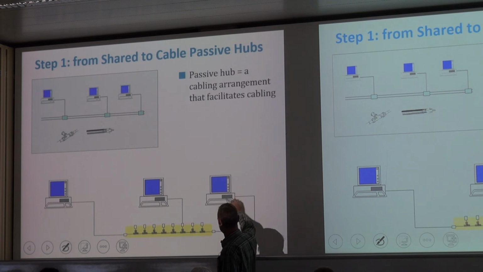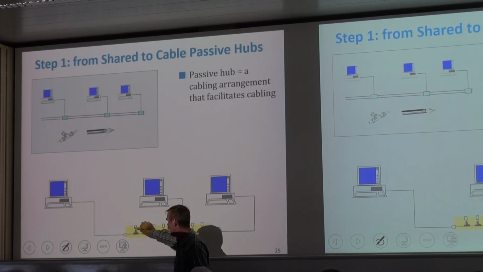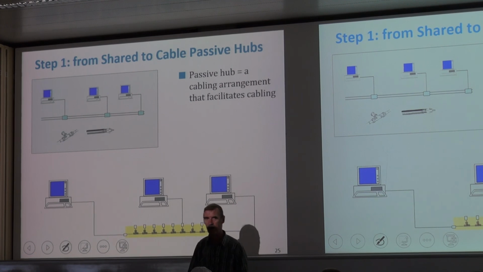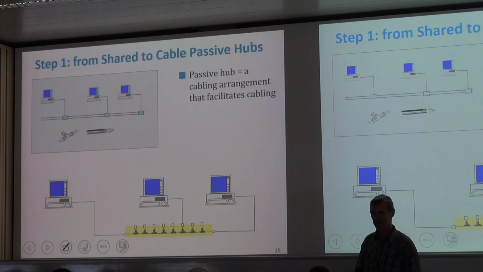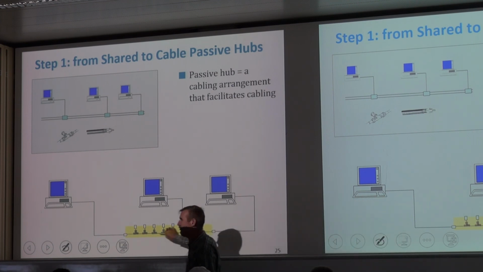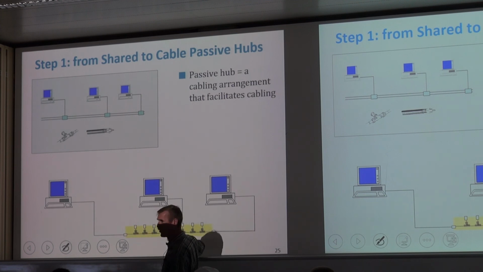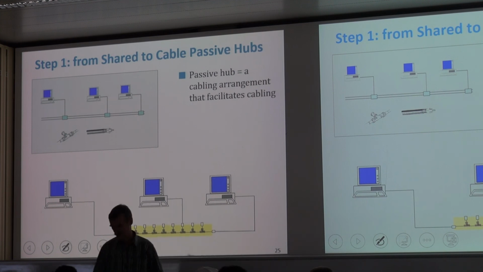In the cabinet, you essentially have a cabling system. All those T connectors, you could put them here, and you just do some packaging around, and out of nothing, you have created a new product called the hub. So it is exactly the same as before. You still have a shared cable that goes everywhere, but now the cable is in a box. And then you have lobes. Most of the cabling is in fact those accesses to the main cable, which are called lobes in this context. That was the first step.